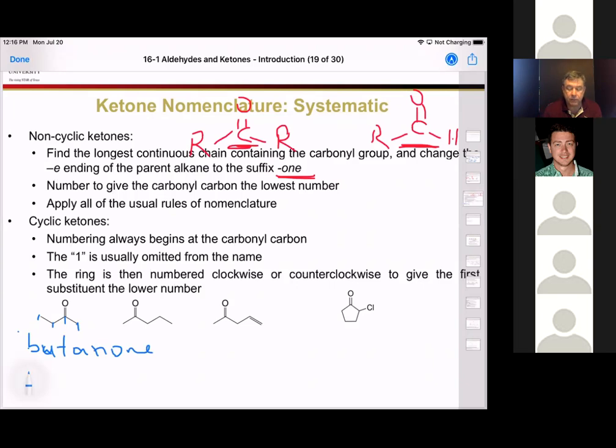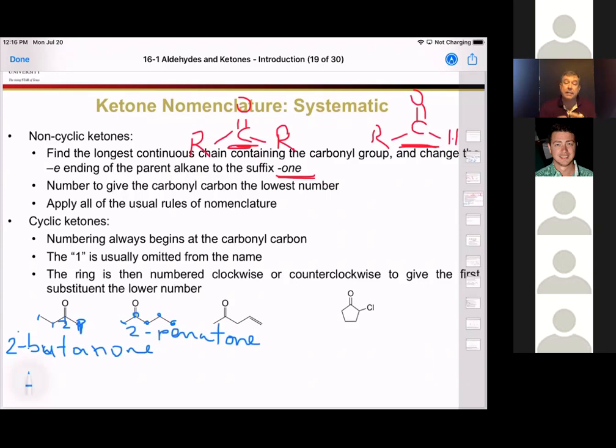And so numbering from this side, this would give us a 1 and a 2, 3 and 4. So 2 is our lowest number possible. So we have to put 2-butanone, okay? And in this case right here, we have 1, 2, 3, 4, 5 carbons. So that extends us up to pentane. So this would be 2-pentanone.